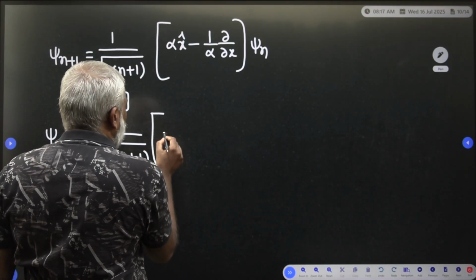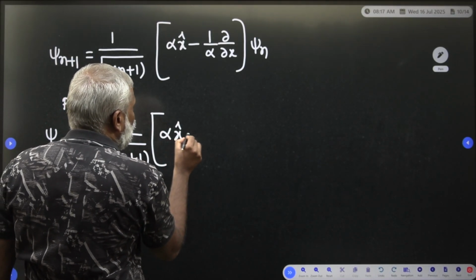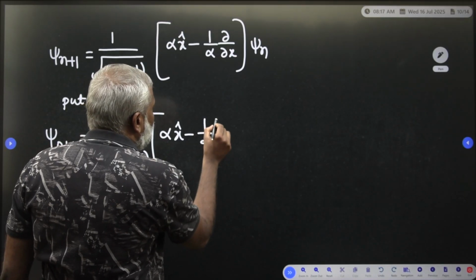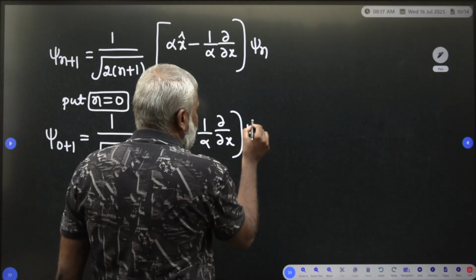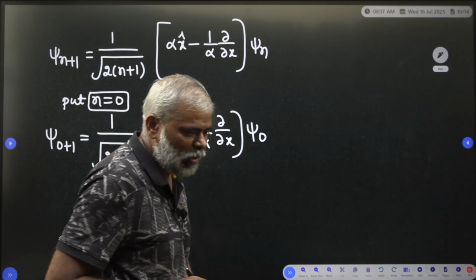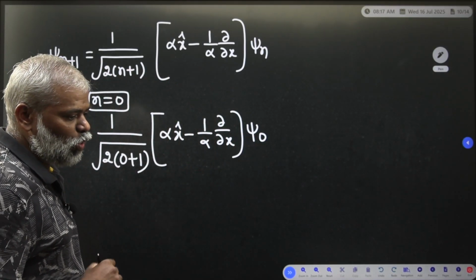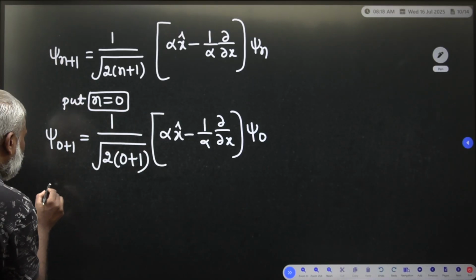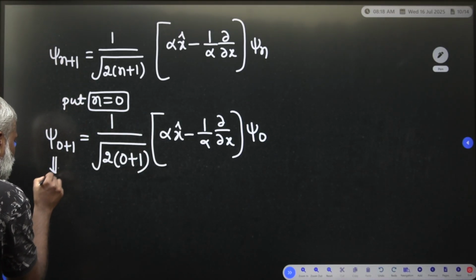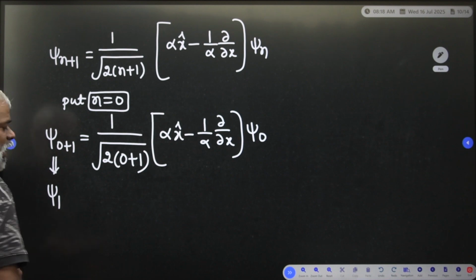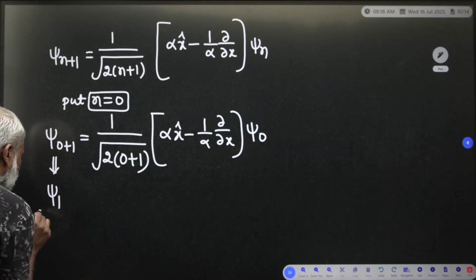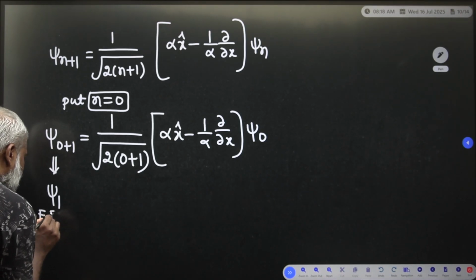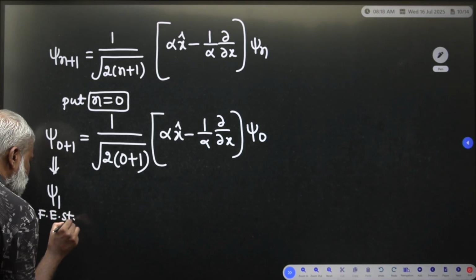So you are going to get alpha into x cap minus 1 by alpha into dou by dou x, with n is equal to 0 you have to write. That is psi 0, are you able to take it? So therefore psi 0 plus 1 is equal to, what is this value? Psi 1. This is the first excited state wave function.